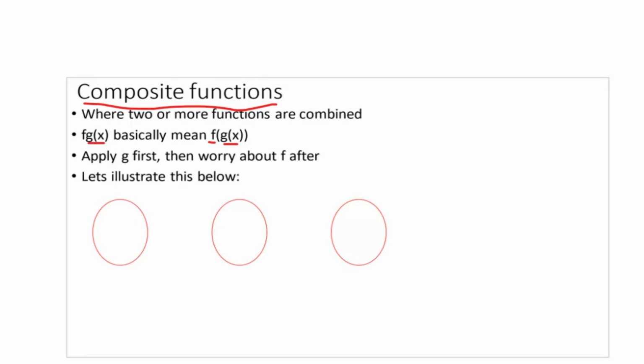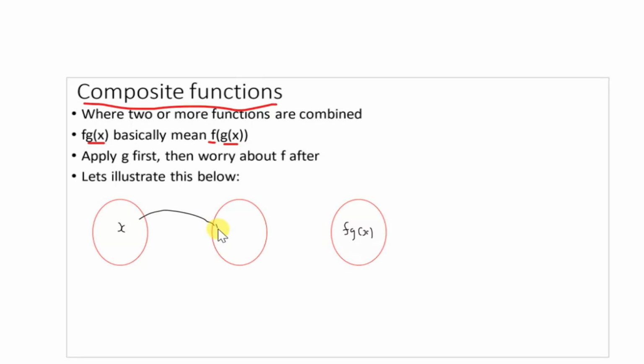So let me try and illustrate this below. So let's say we had x and we're trying to get to fg of x. Okay, so that's our end goal. Well, what we want to do first is apply the g first, like I said.